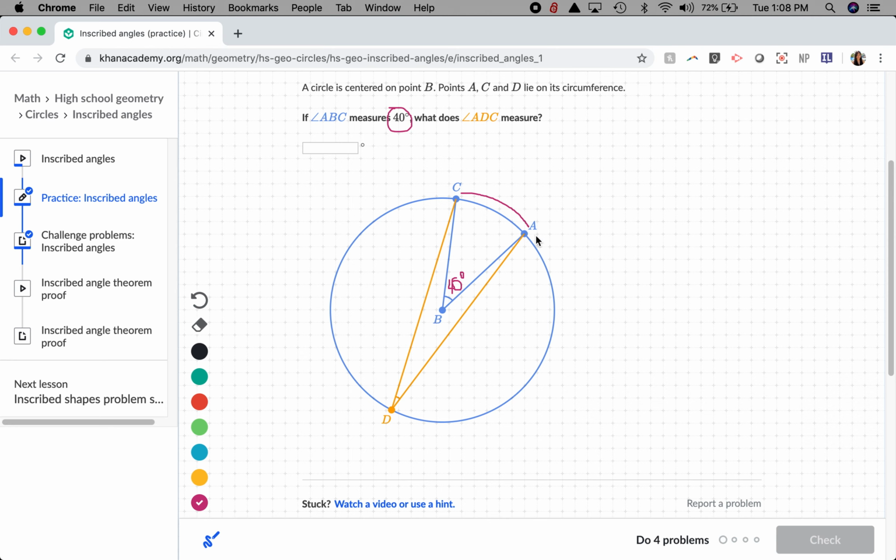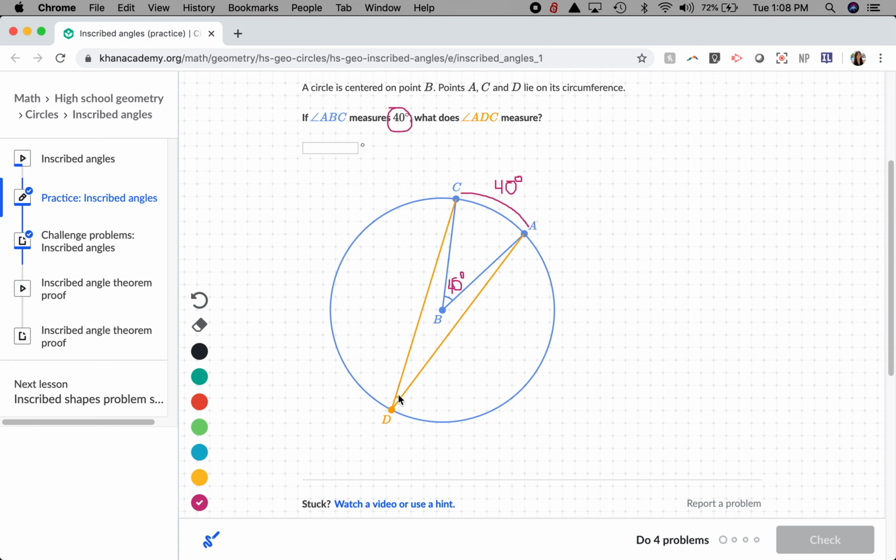What we know about inscribed angles is that whatever the measure of the arc is, the angle is going to be half that size. Since the central angle is 40 degrees, this arc is also 40 degrees.